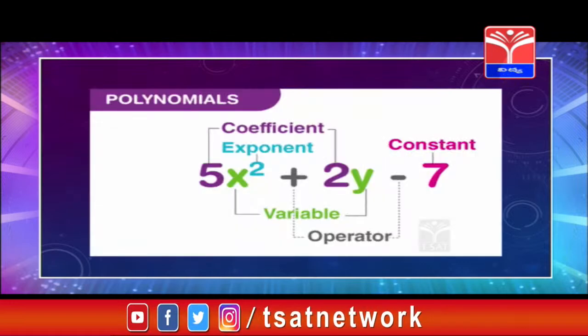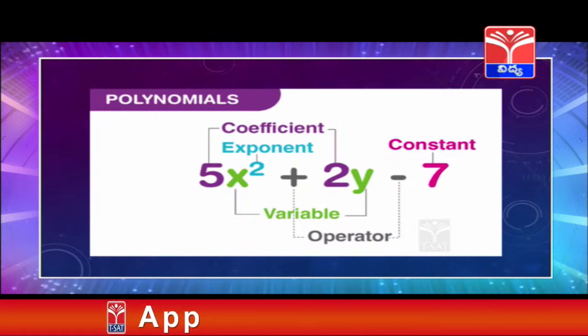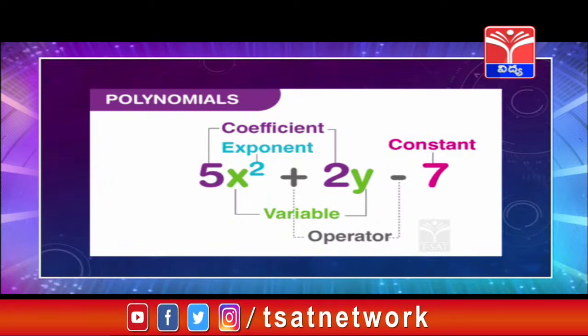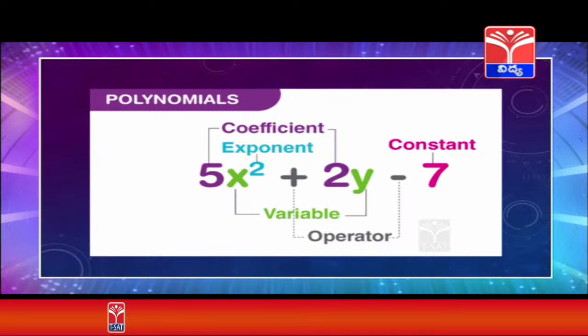Let us see one example, that is 5x square plus 2y minus 7. There are three terms: one is 5x square, the second one is 2y, the third one is minus 7. All these are combined with an algebraic sum. Algebraic sum means using different mathematical operations: addition, subtraction, multiplication, and of course division.